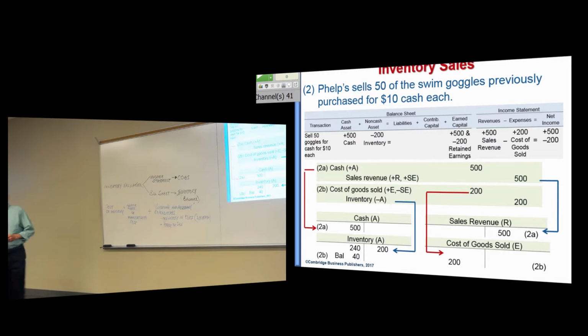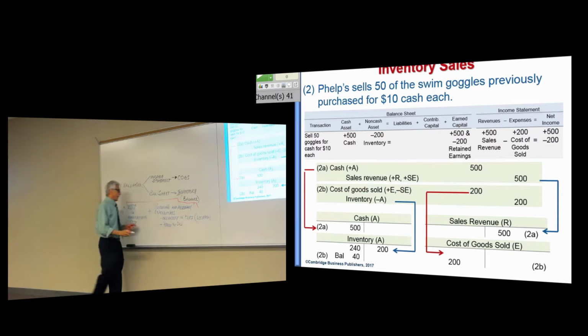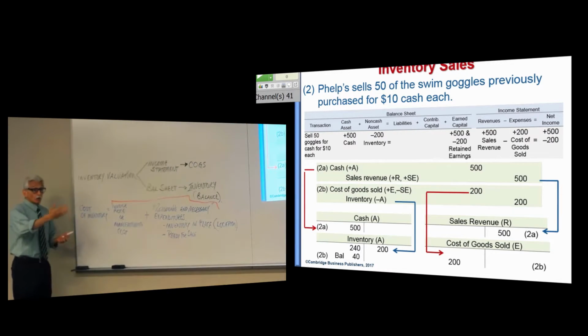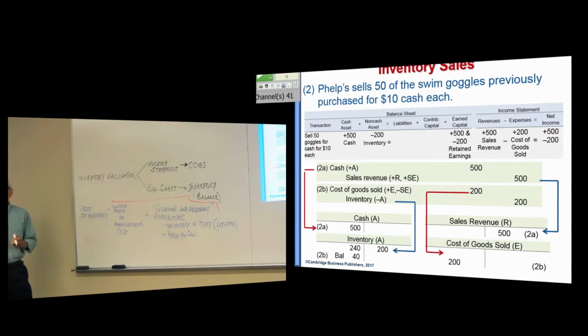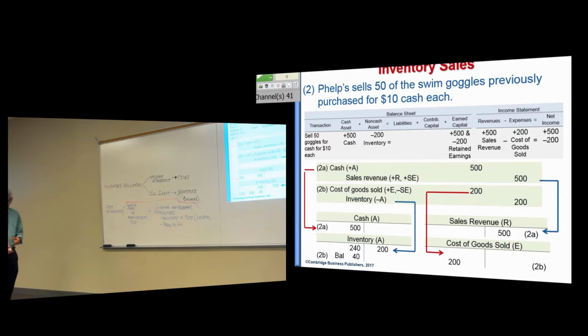So the total cost of inventory is really made up of the sum of the invoice price or manufacturing cost plus whatever is considered to be reasonable and necessary to have the inventory in its current location and ready for sale. That's basically its intended use.